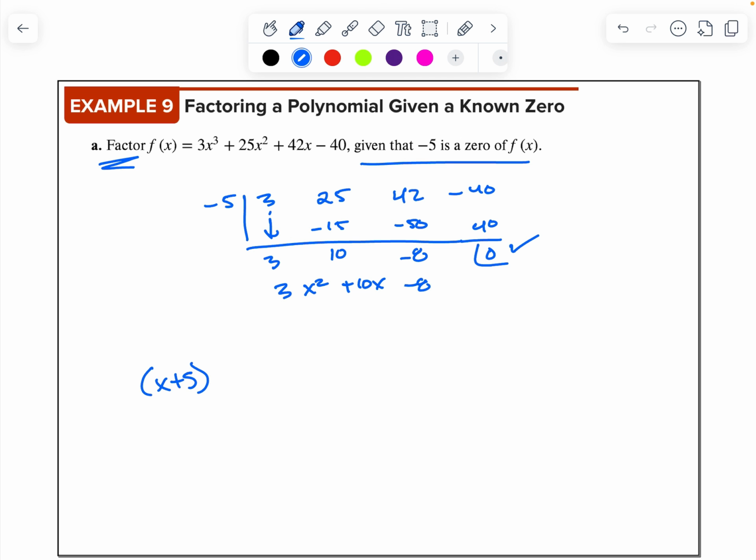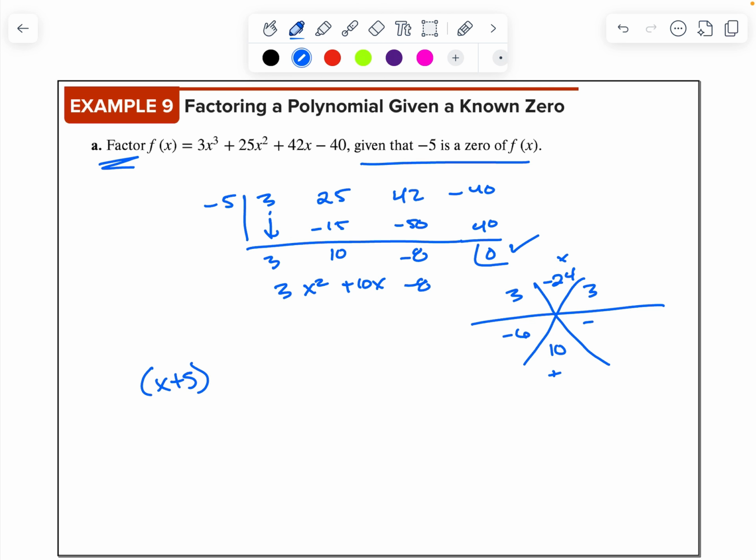And now that we're down to 3 terms, we can use star method to continue factoring. Remember, the top of star method is -24. Please go back and watch the review if you don't remember this. We're looking for numbers that go here and here that multiply to -24 and add to 10. I'm thinking 8 and 3, 6 and 4.